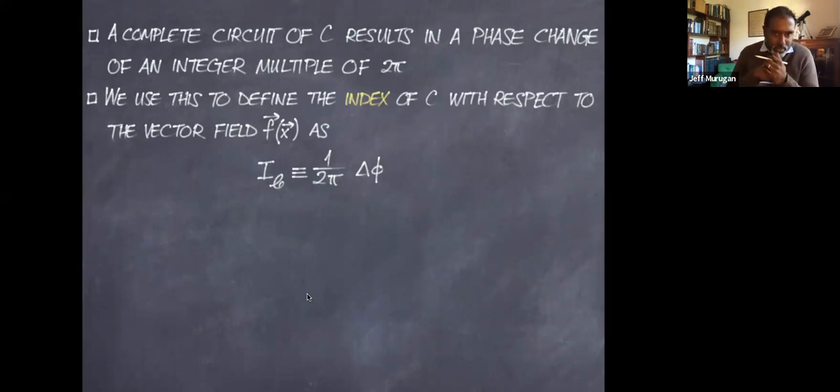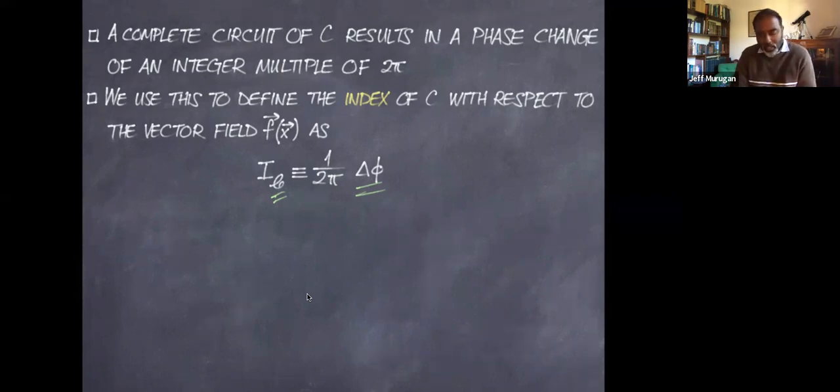Now we can use this fact to define what we're going to call the index of the curve C with respect to the vector field f of x. And we define it as follows. We make a complete circuit of the curve C, and we count the total change delta phi of the vector field as we make that complete circuit, and then I divide by 2 pi.